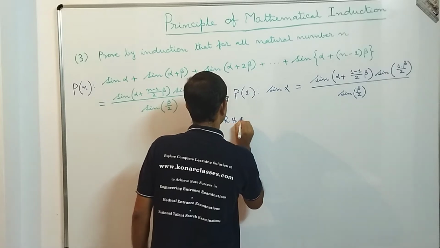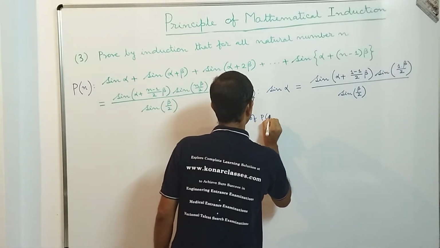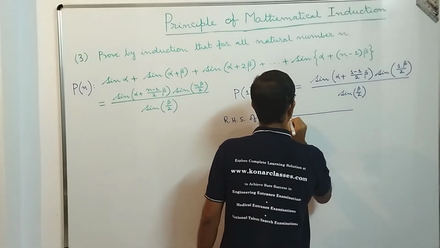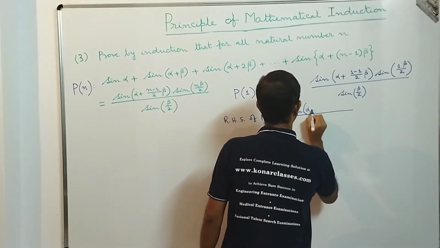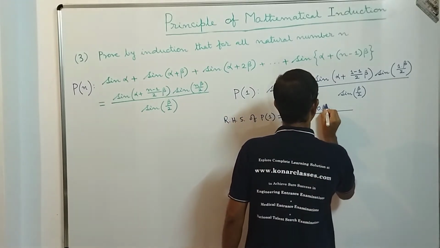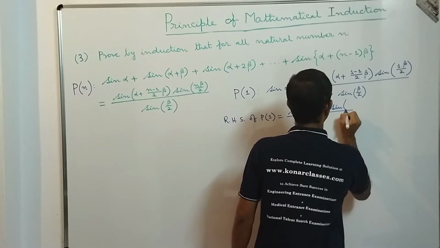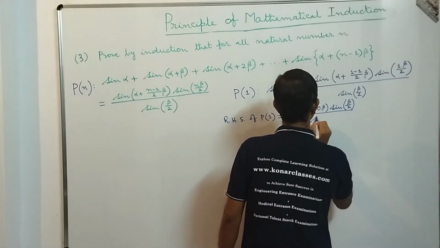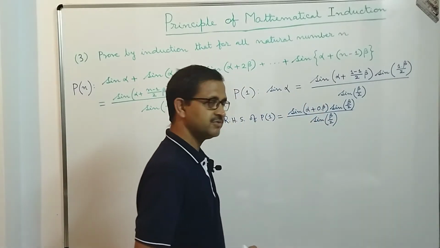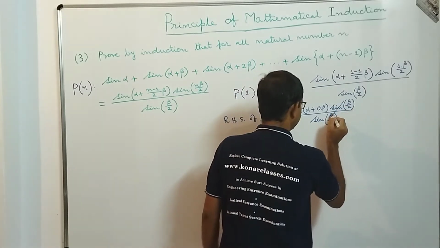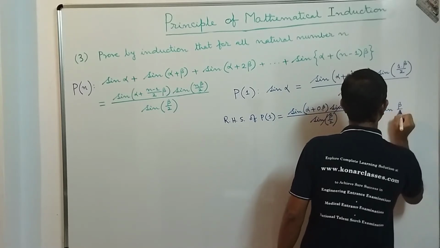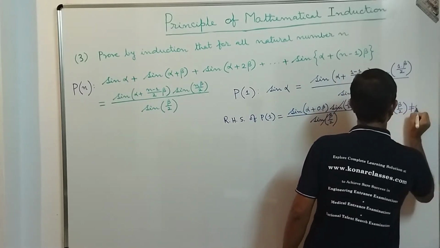So what is the RHS of P1? That is equal to sine of alpha plus 1 minus 1, that means 0, 0 into beta, into sine beta by 2 divided by sine beta by 2. So sine beta by 2 in the numerator and denominator get cancelled, since sine beta by 2 is not equal to 0.